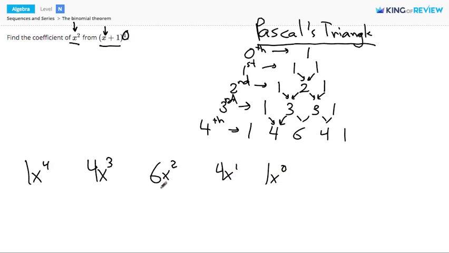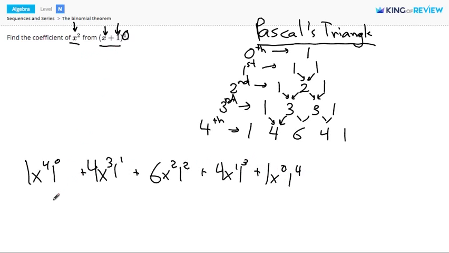Now we'd have to do the same thing with our second term, except instead of decreasing the powers from 4 down to 0, we'll go in reverse. We will start with 0, then go up to 1, then to 2, then to 3, and then finally 4. And all these terms are added together. So this is a shortcut to expanding this expression.